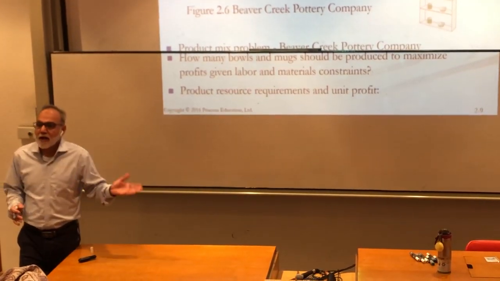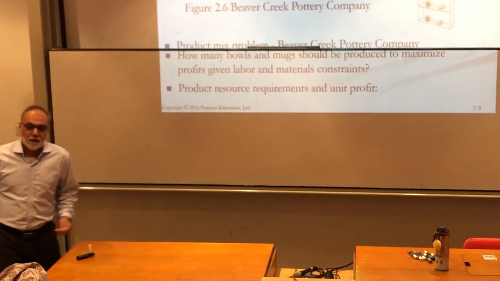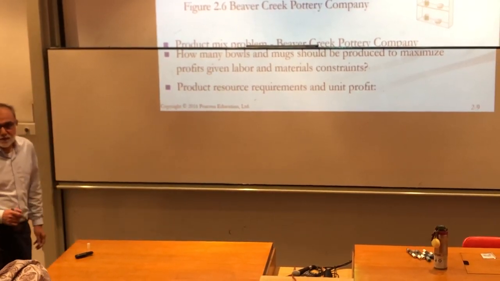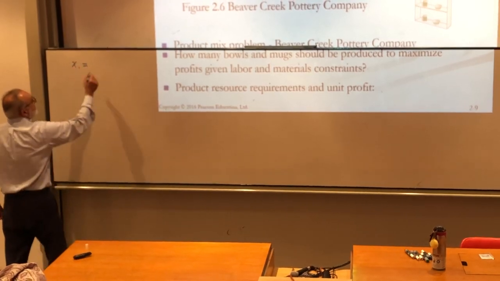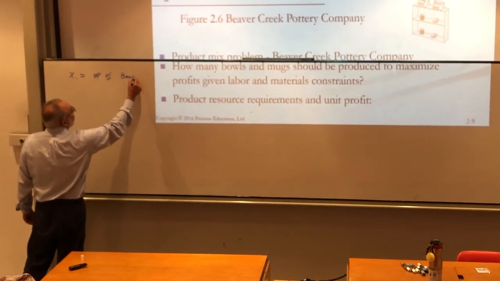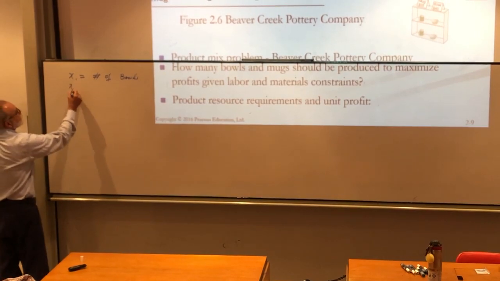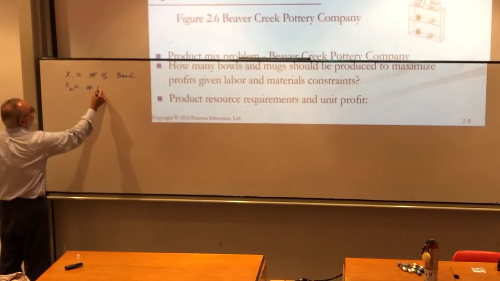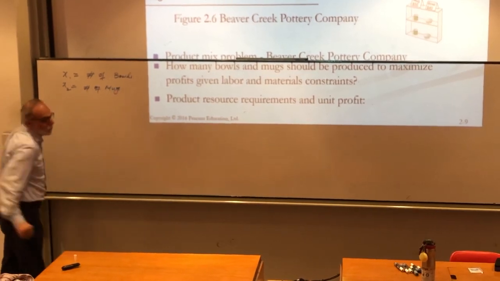We can define by x and y and z, etc. I prefer subscripts. X1, let's say, is the number of bowls to produce, and x2 is the number of mugs to produce.